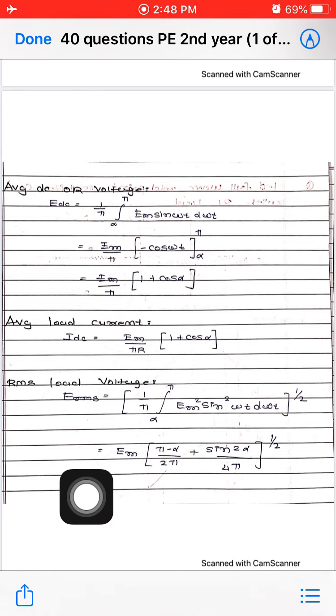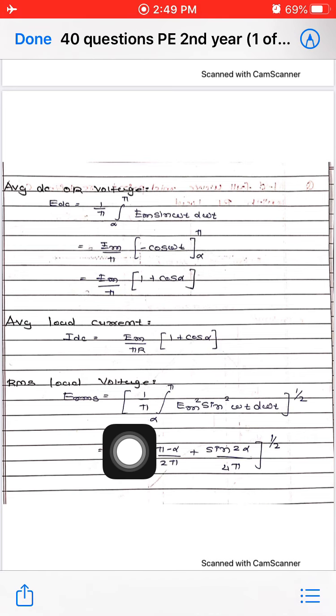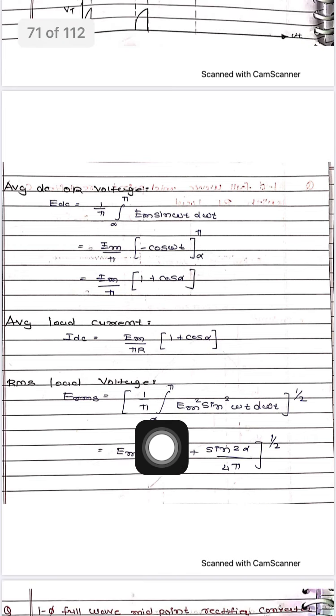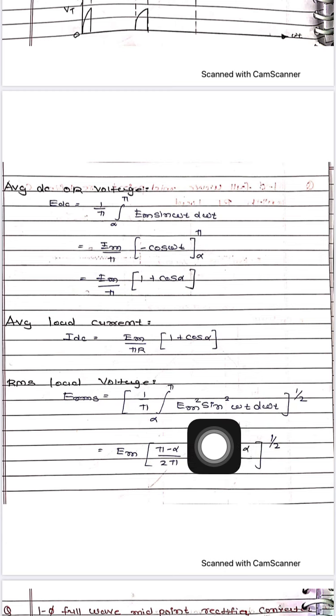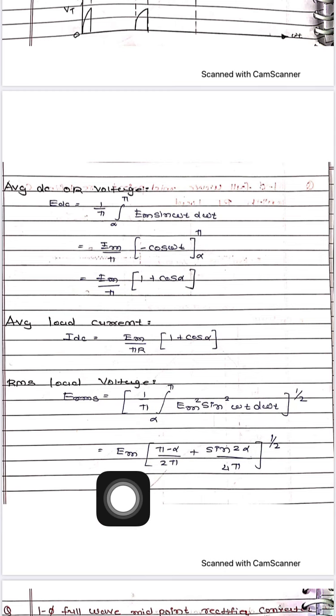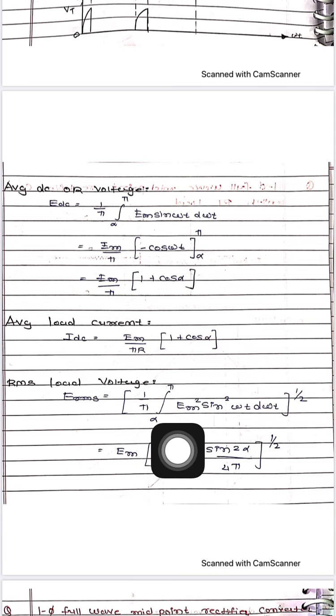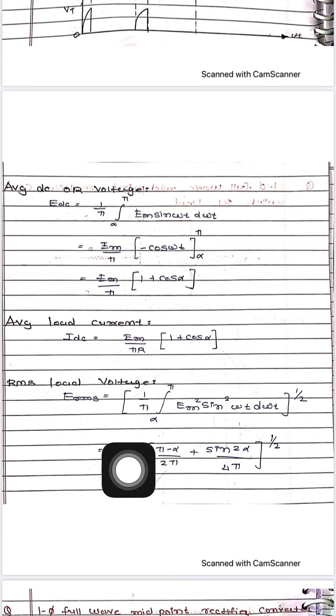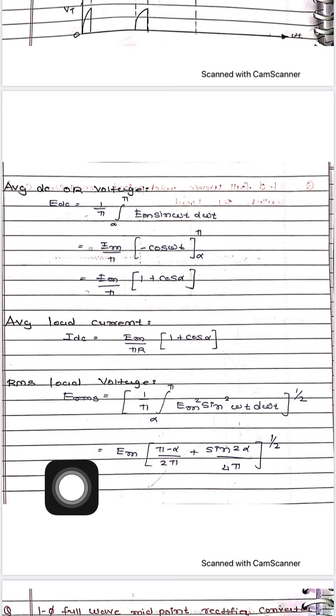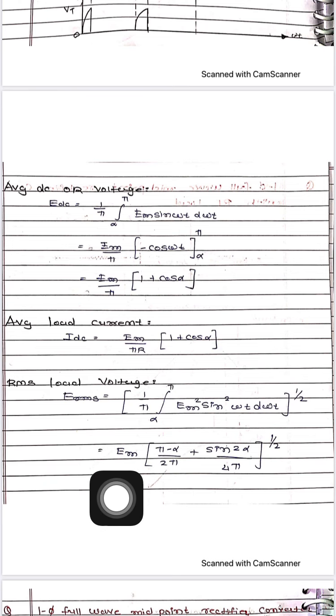Now the RMS value, what is the equation of the RMS value? It is the square of the value inside the bracket, raised to 1 by 2. So you can see here, 1 by pi, alpha to pi, Em square sin square omega t, raised to 1 by 2. Now Em square by pi is common, and taking Em square outside, it is Em square raised to 1 by 2, so Em only.